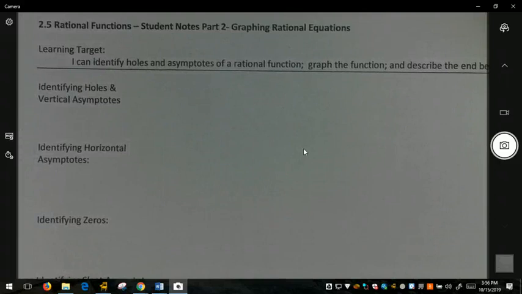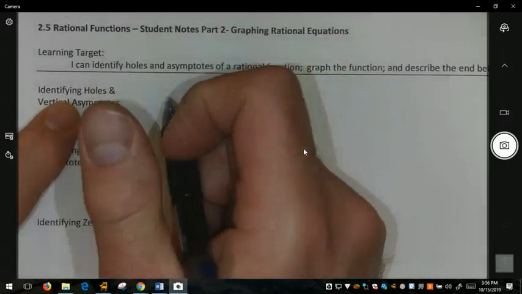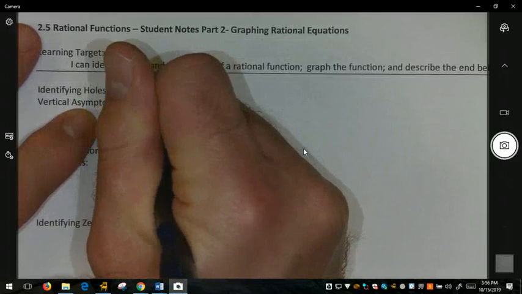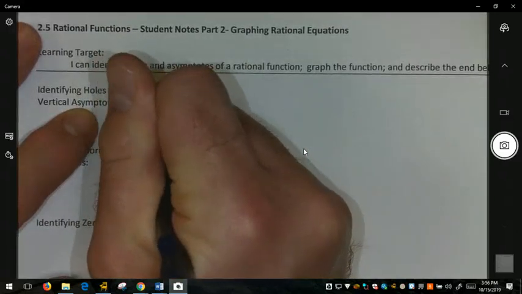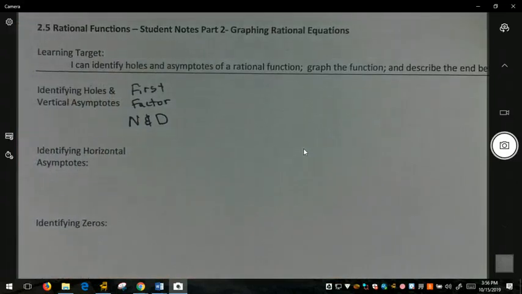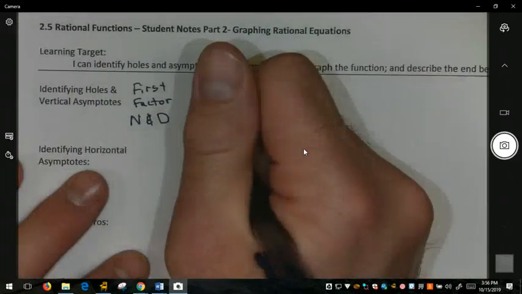Identifying vertical asymptotes and holes. The very first thing that we must do is factor both the numerator and the denominator.